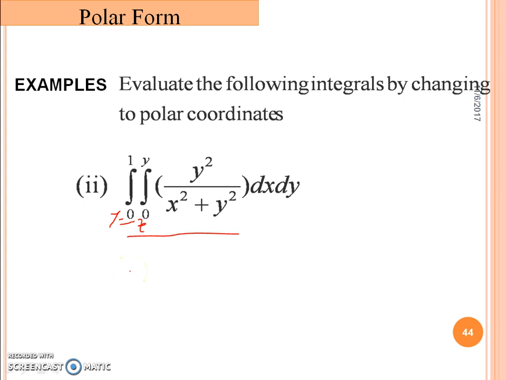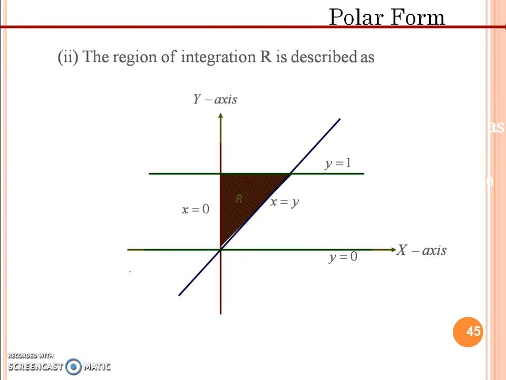If we draw the figure, we get this type of figure: x equals y, a straight line passing through the origin, x equals 0 the y-axis, y equals 0 the x-axis, and y equals 1 a straight line parallel to the x-axis. For these four given lines, we shade the region, shown here by R. This is our region and we have to convert this limit into polar form.